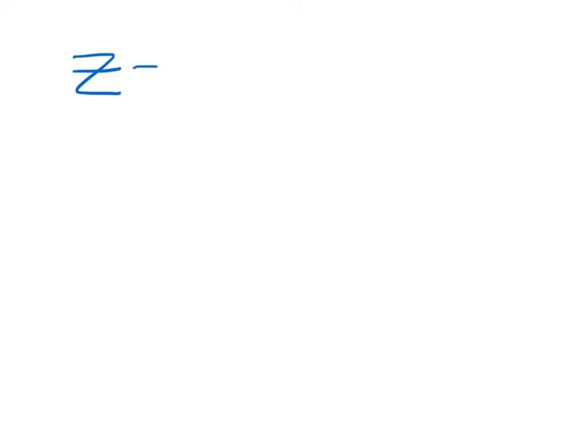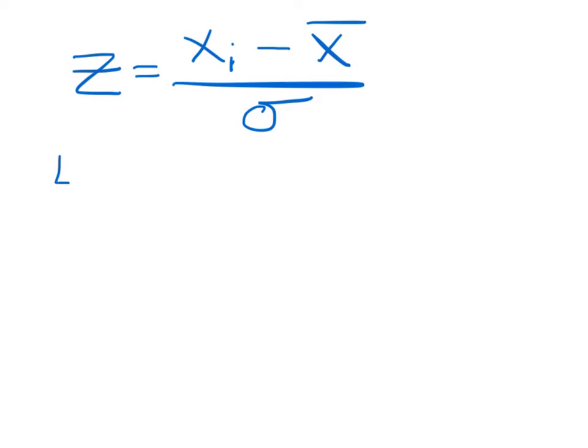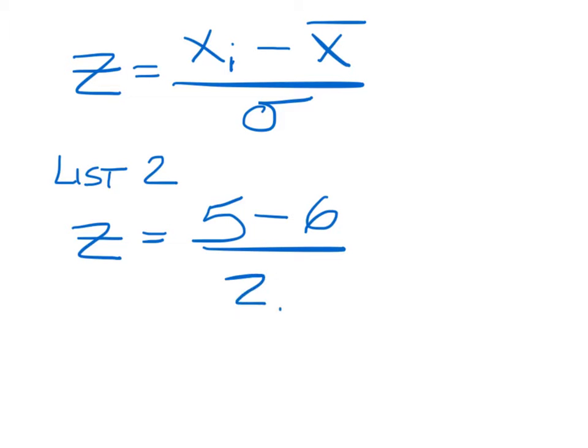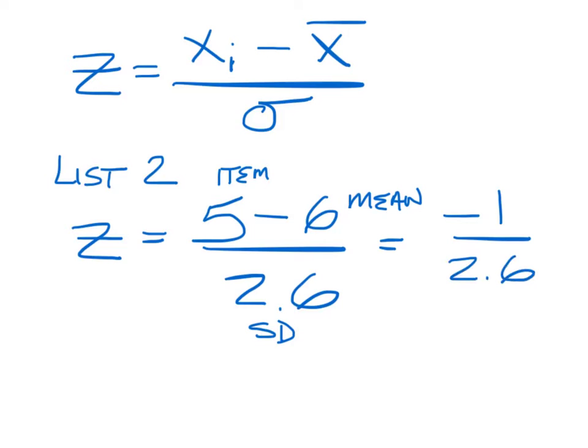Don't forget the z-score formula is the item minus the mean and divide by the standard deviation. So this is for list 2. Z is 5 minus 6 over 2.6. Remember, this is the item, this is the mean, and this is the standard deviation down there. So you come up with a negative 1 over 2.6.